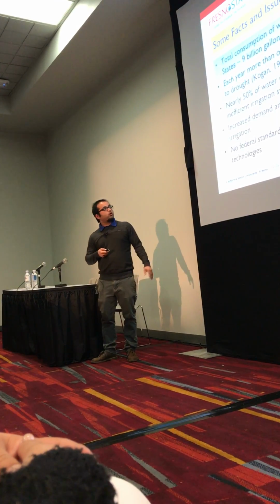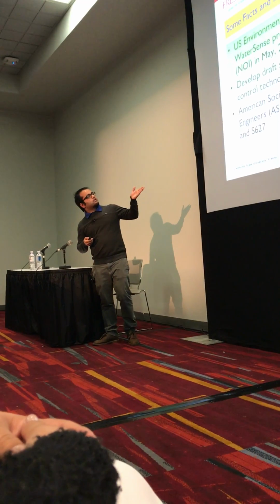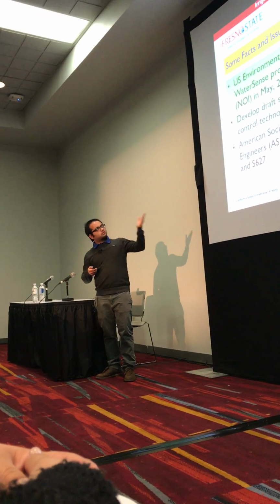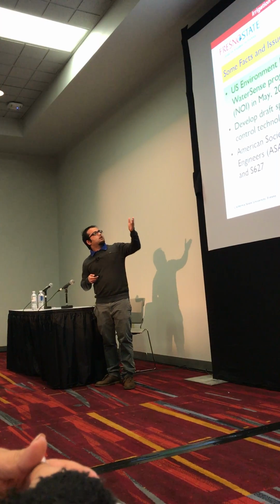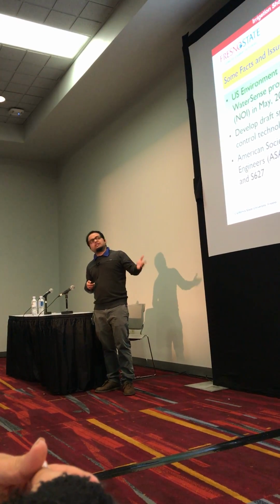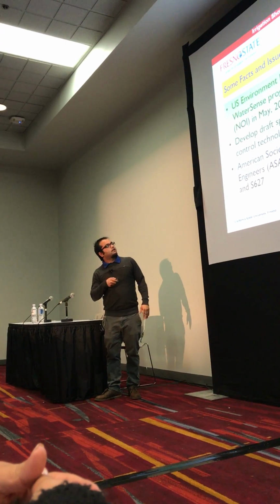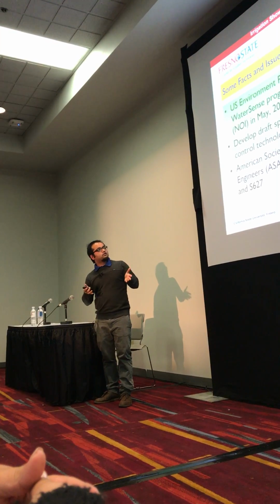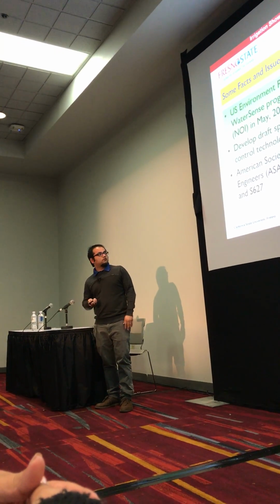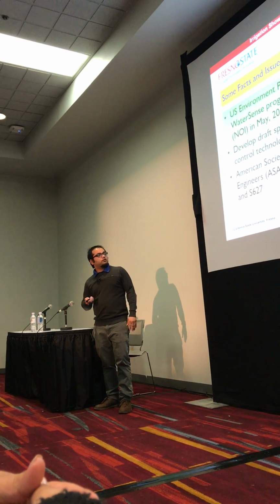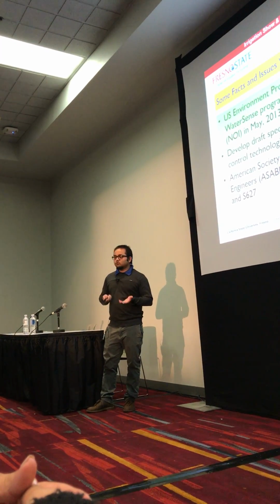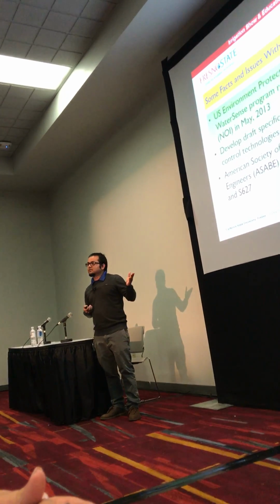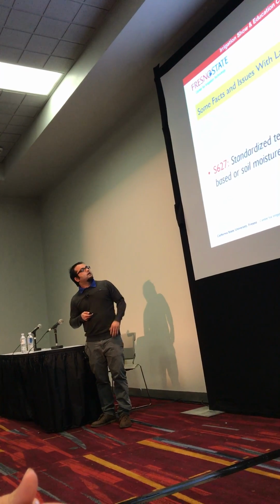Because of this lack of a standard, the US EPA released a draft notice of intent in May 2013 to introduce a draft for soil moisture-based control technologies. And ASABE, the American Society of Agricultural and Biological Engineers committee, is developing two standards because of this, S633 and S627.